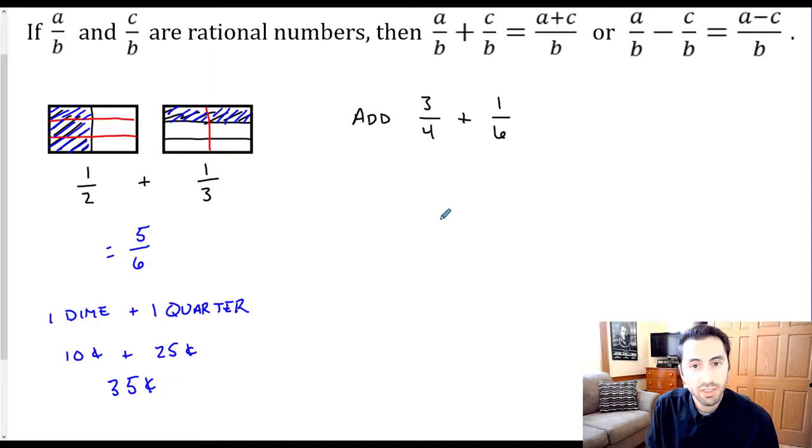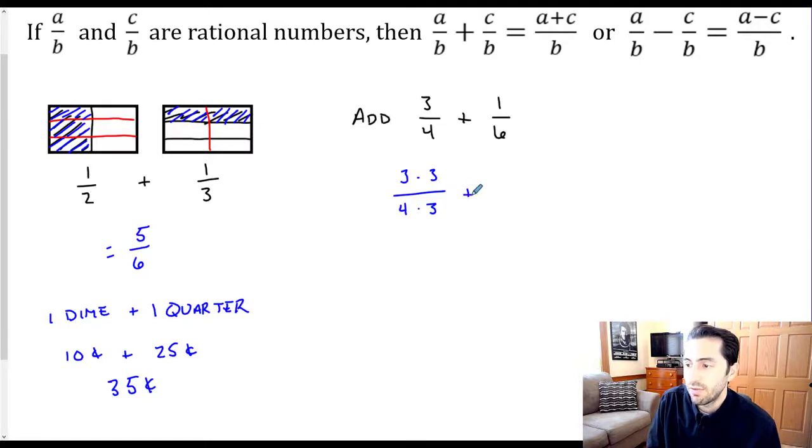So 12 can be divided by 4, and it can also be divided by 6. To get these to match up, I want my denominator to be 12 for my first fraction. So we need to multiply the top and bottom by 3. So we'll do 3 times 3 up top, and we'll do 4 times 3 in the denominator. This will give me the denominator 12 that we're looking for.